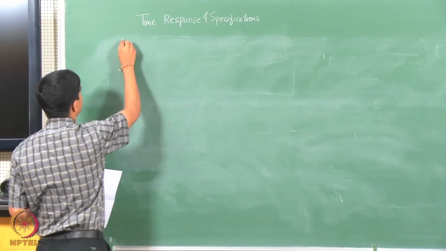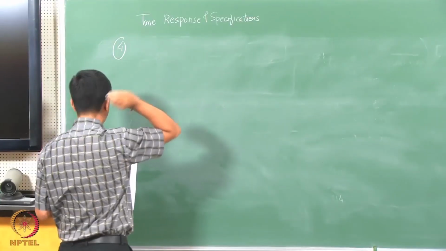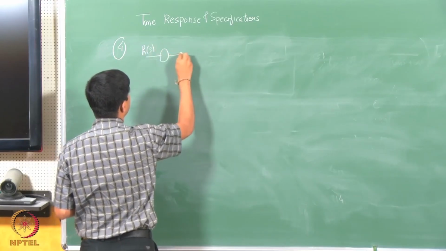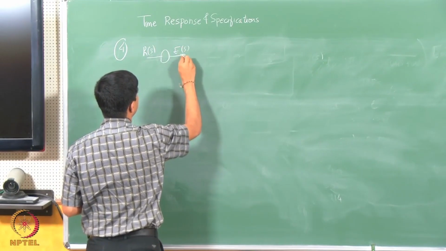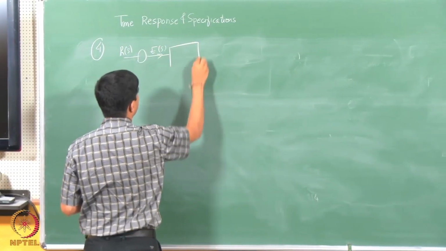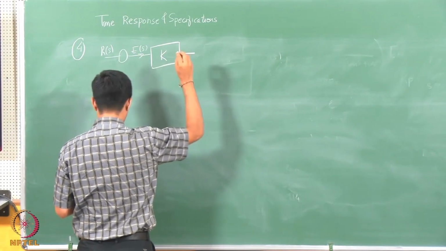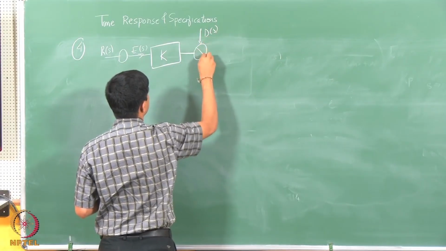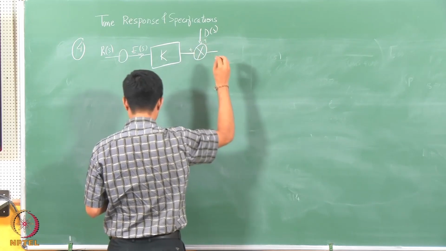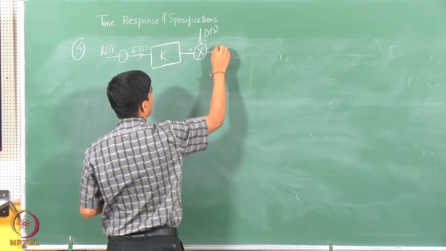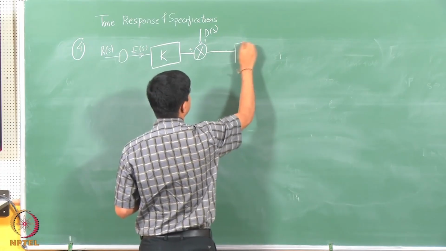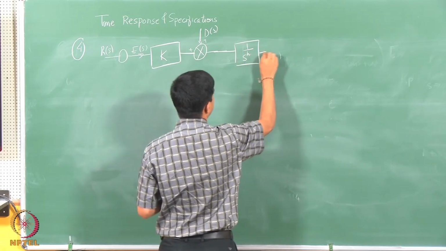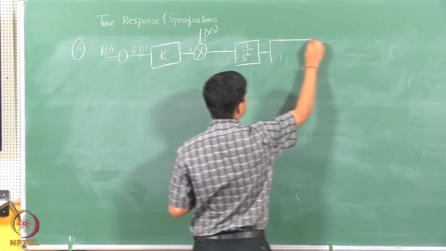Okay. So, in the last problem, I am given a system which looks like this: R of s, E of s, I have a gain k, I have a certain disturbance, and then I have a plant which looks like this: 1 over s to the h, where h is any integer value.